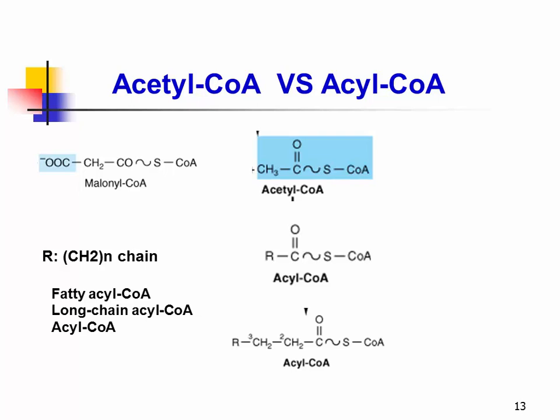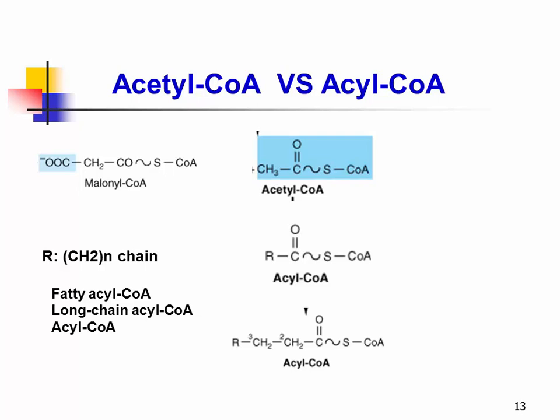The acetyl-CoA I just mentioned is a 2-carbon molecule, and acyl-CoA has a longer hydrocarbon chain, a CH2 chain. For example, in acetyl-CoA you only have one methyl group, and in acyl-CoA you have an R group, which means a CH2 chain.